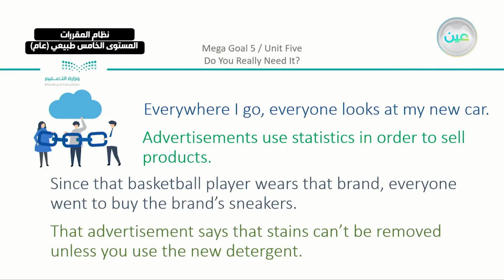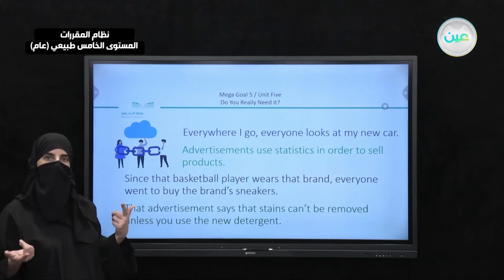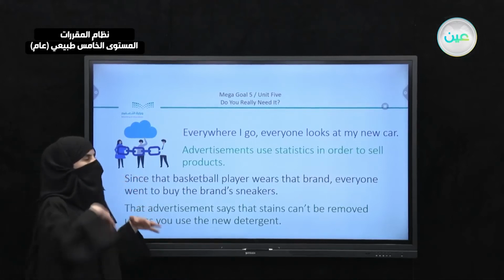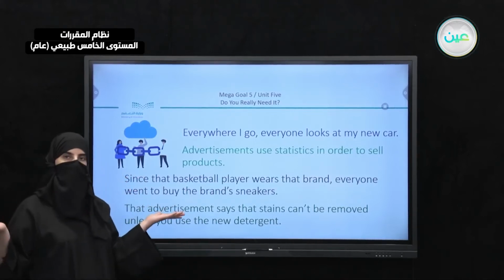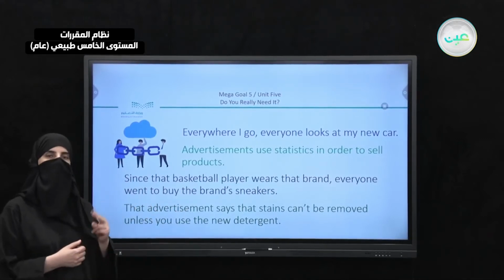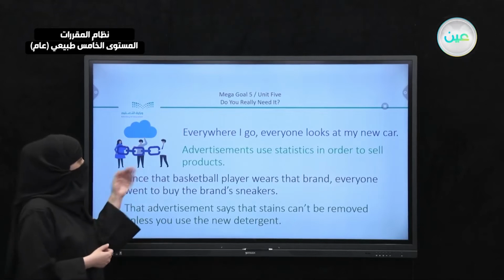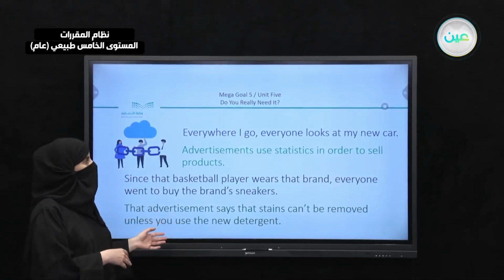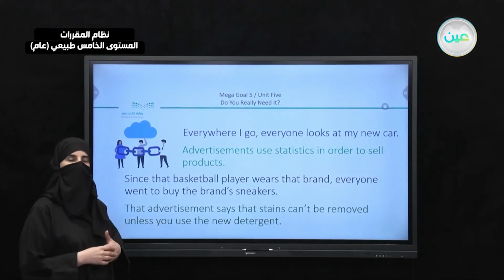If you notice, these examples are long and have more than one idea. Looking at the first one, everywhere I go: the first idea is going places, and the second is that everyone looks at my new car. Two ideas. The second one: advertisements use statistics, this is an idea, and the second one, sell products.